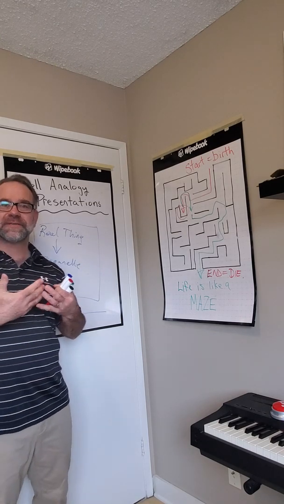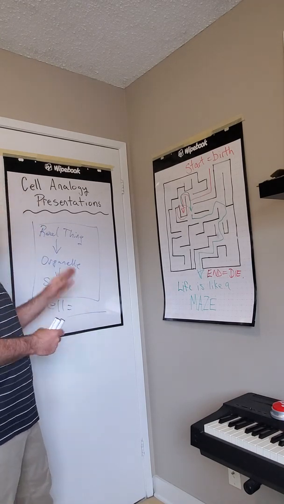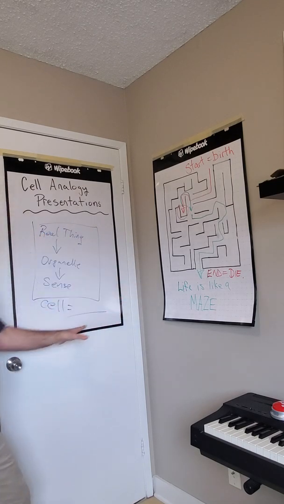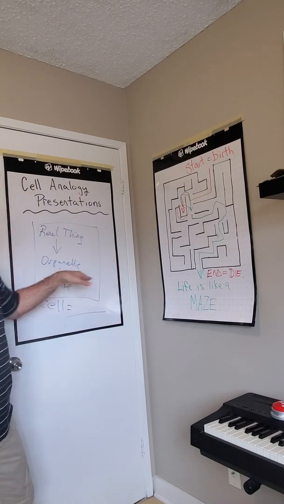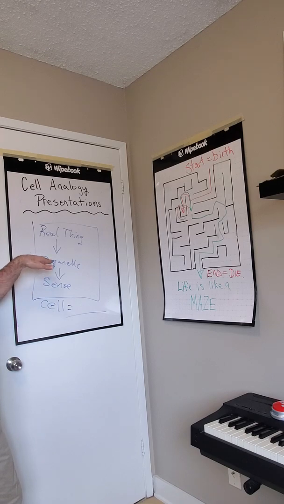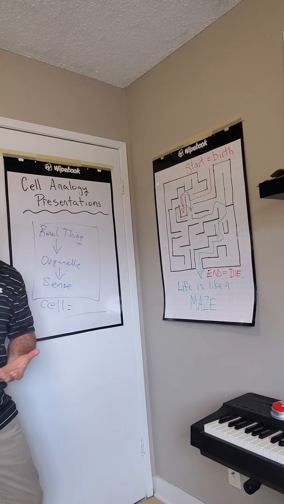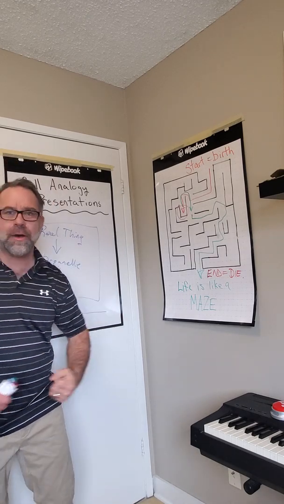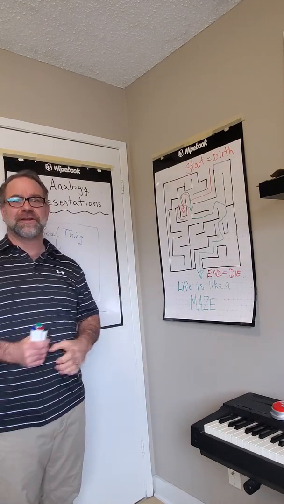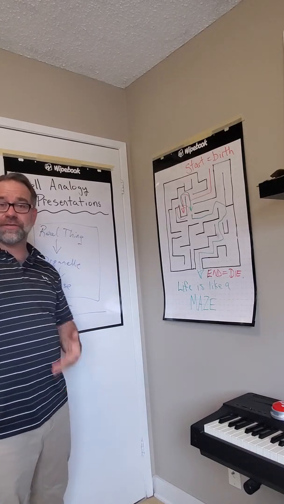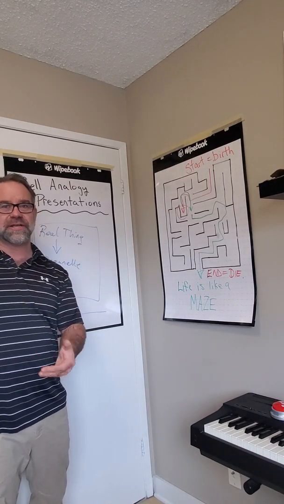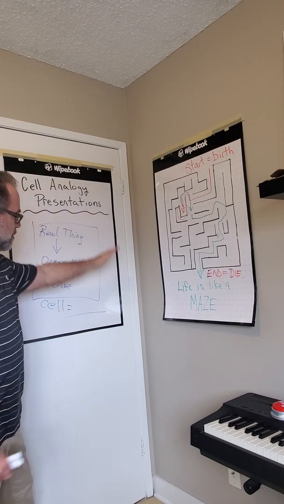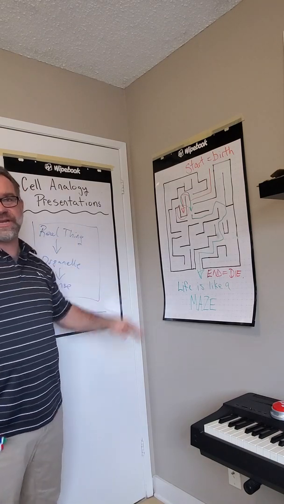There should be some kind of connection between what you think, let's say, a mitochondria is in your whole analogy and what the real mitochondria's job is. So a real mitochondria is the powerhouse of the cell, which means in your analogy, you have to find something that relates to power or energy in your whole analogy.